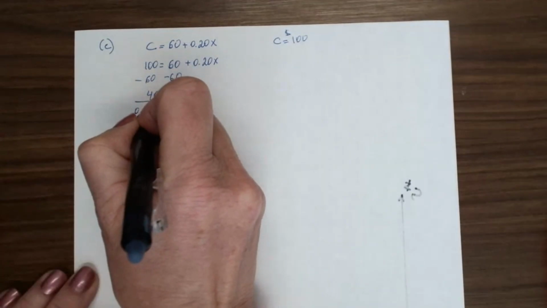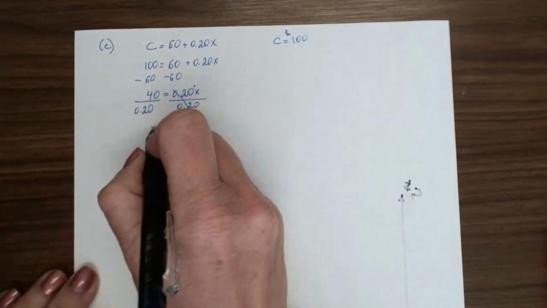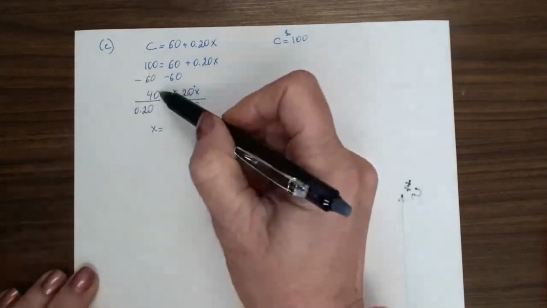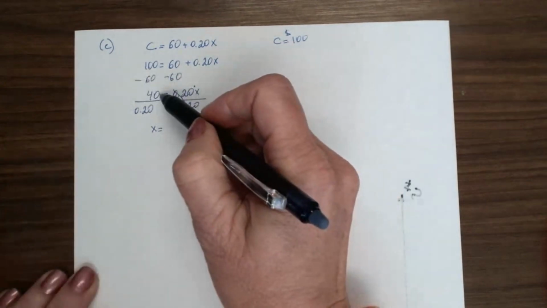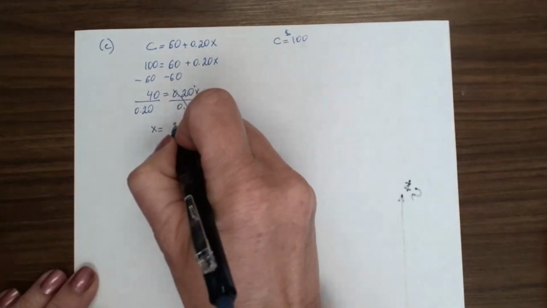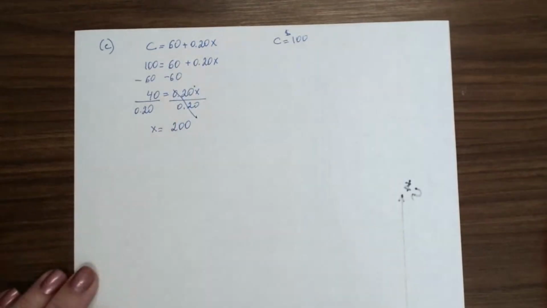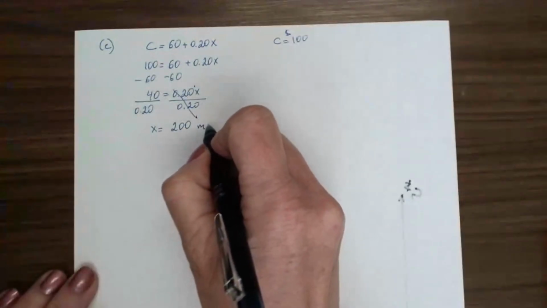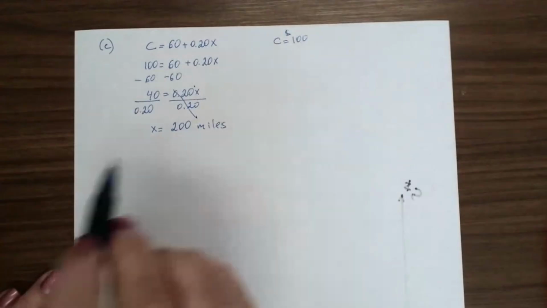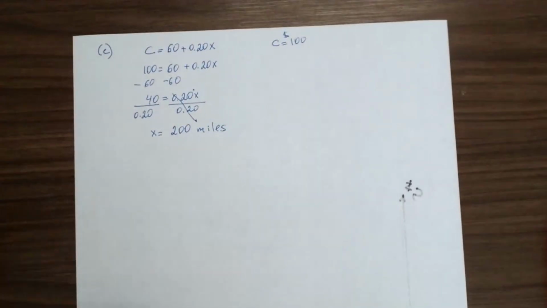And whatever we do to one side, we have to do the same to the other side. Type this on the calculator, 40 divided by 0.20, and your final answer will be 200 miles. And please don't forget about units.